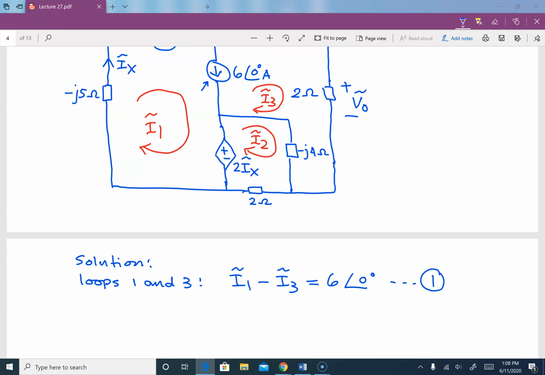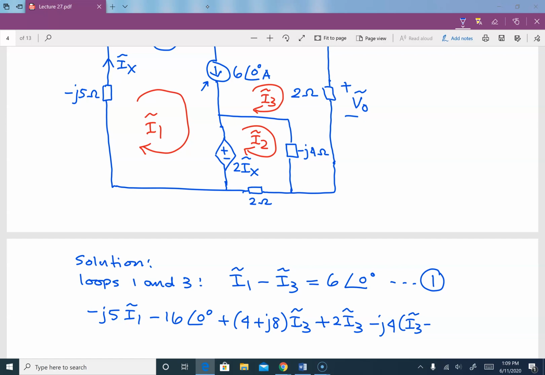The second equation that we can write: minus J5 I1 minus 16 with angle 0 plus 4 plus J8 I3 plus 2I3 minus J4 I3 minus I2 plus 2ix is equal to 0.